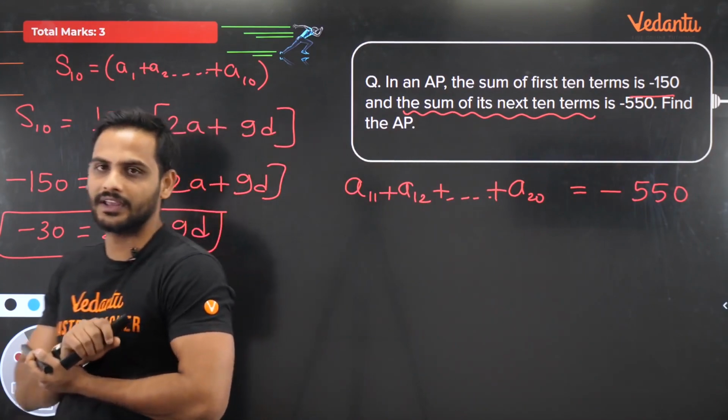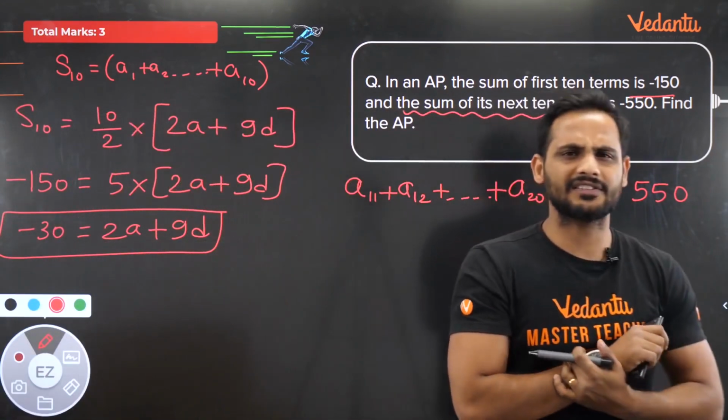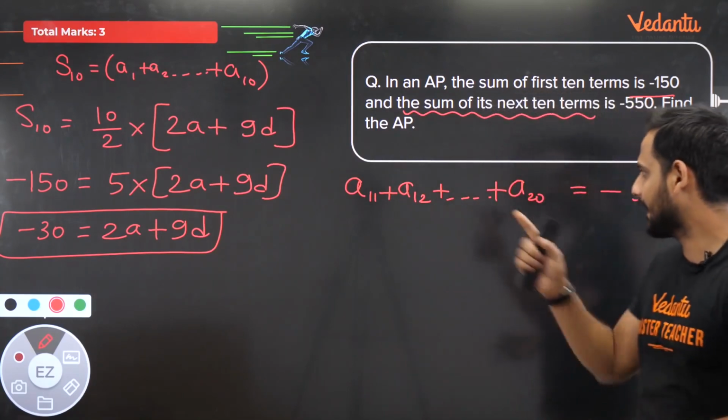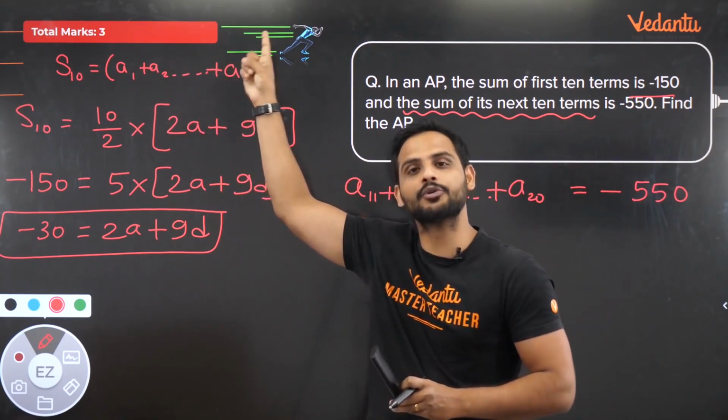How do you get this part? Suppose it was A1 plus A2 plus A3 up to A20, I will say it is the sum of 20 terms. I cannot say this is the sum of 10 terms. Sum of 10 terms means A1 plus A2 up to A10.